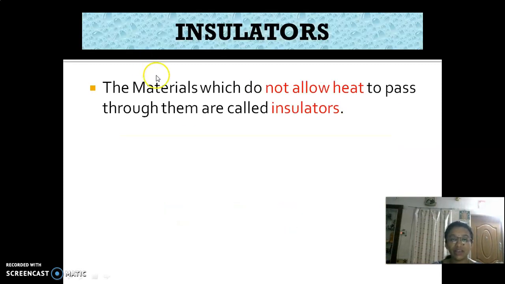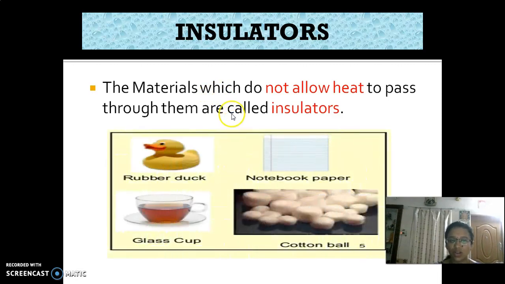And then what is the next one? Insulators. The materials which do not allow heat to pass through them are called insulators. Look at rubber, notebook, paper, glass cup, cotton ball.